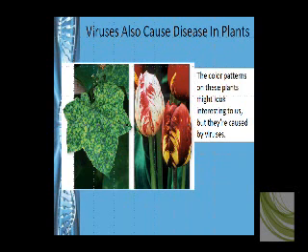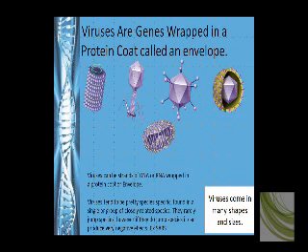Viruses can cause diseases in plants. Viruses aren't restricted to animals. Different groups of animals have different groups of viruses, and when you have a really bad pandemic or epidemic, that comes from the fact that viruses jump species, and jumping species is always a bad idea.